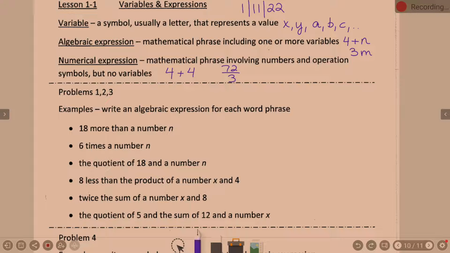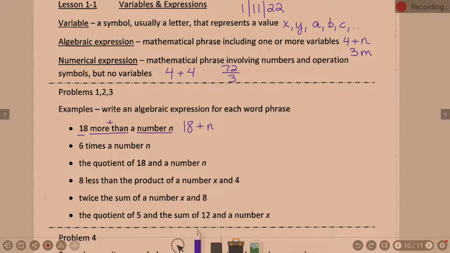18 what? N. Not quite 18n. 18 plus n. And that's the key. What does more than mean? And that's going to be plus. So we're doing 18 plus a number n. So one way to write it would be 18 plus n. Can we switch that?